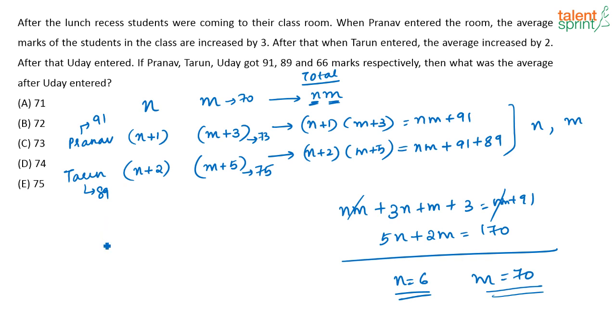Now how many people are there? Till the time Tarun entered, first 6 people were there. When Tarun also entered, 8 people were there. So 75 into 8, that will be the total marks when Uday is entering, plus Uday's marks. What is Uday's marks? 66. Now how many people are there? 9 people are there. So this is the average that you are looking for.